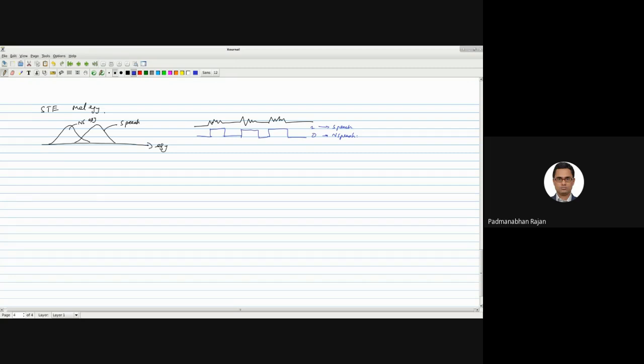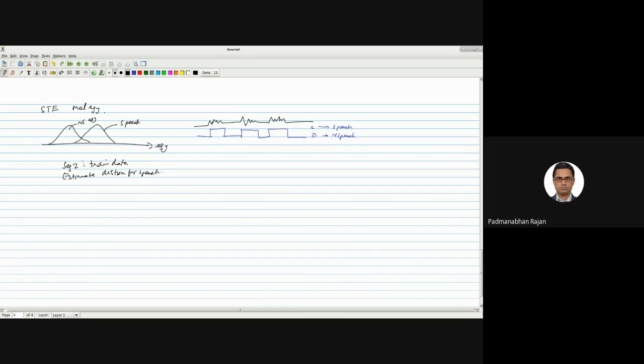Now basically what you can do is use your training data, which is your segment 2, and estimate the distribution for speech.